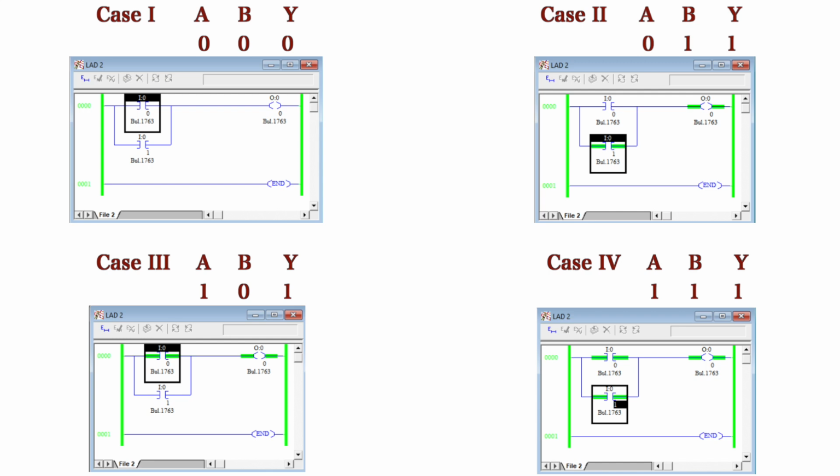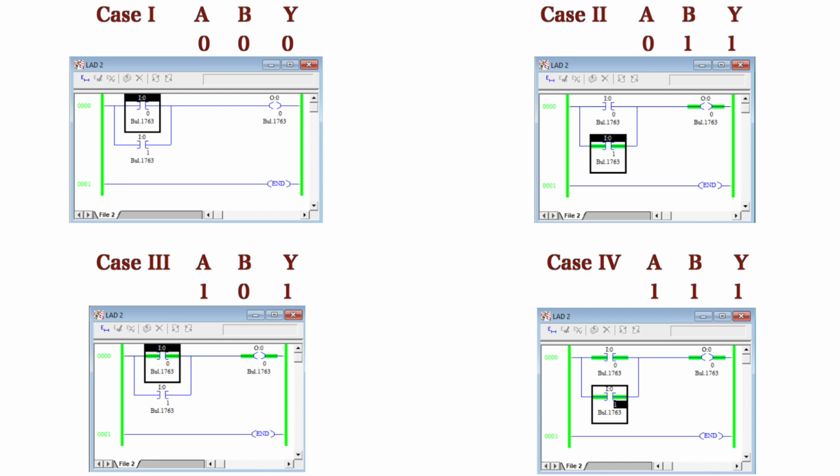In the third case, when the first switch is getting 1 and the second switch is at 0, the A switch will change its state from normally open to closed, and the second switch B will remain in its state since it is a 0.